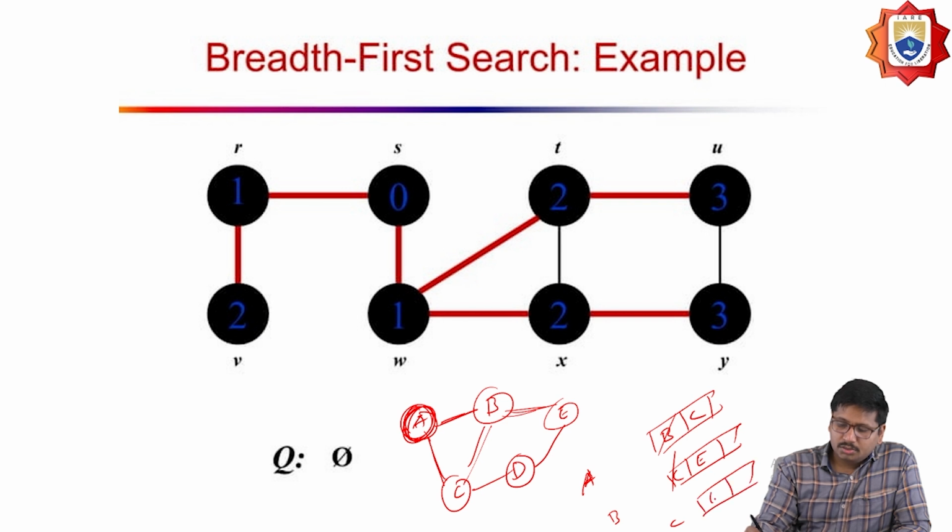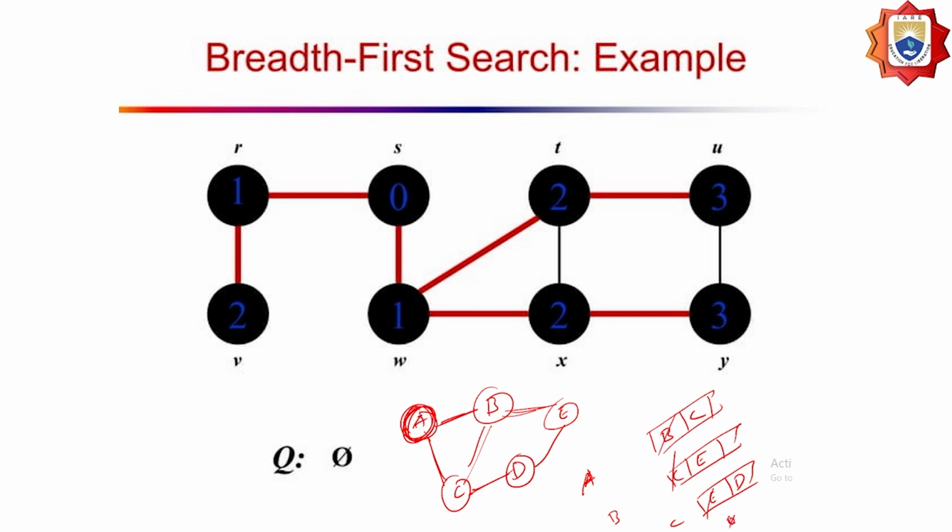Next C. For C, what are the adjacent vertices? D. So D is there. And next I'm going to delete E. For D, what are the adjacent? E is already there. A B C. So for C, it should be D. For C, what are the vertices?